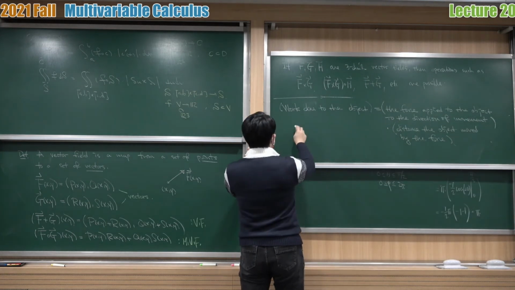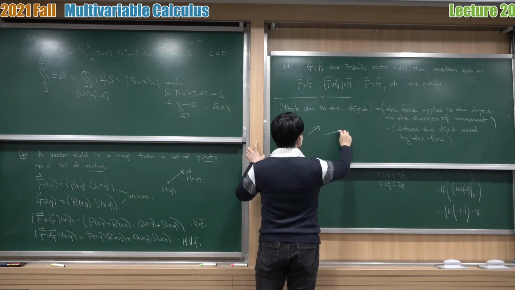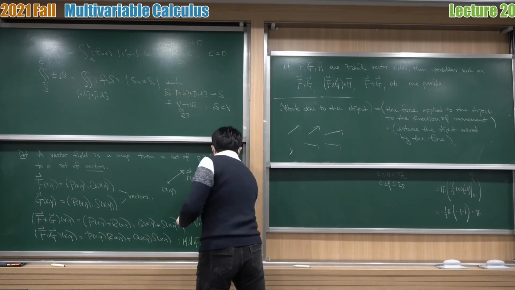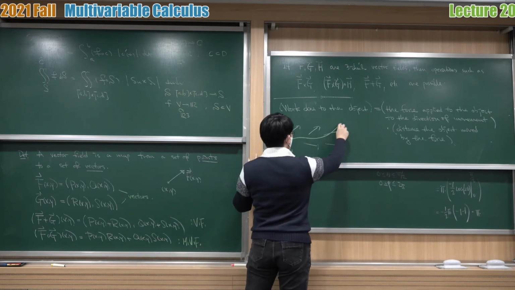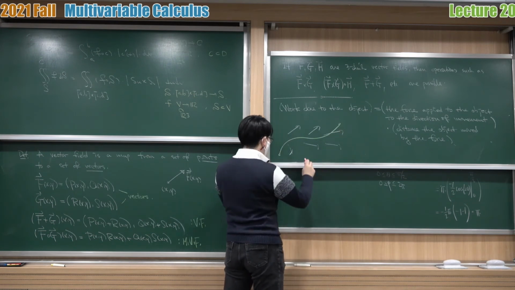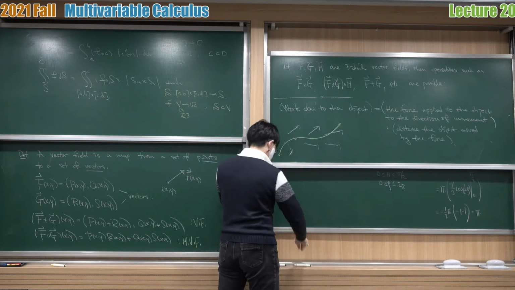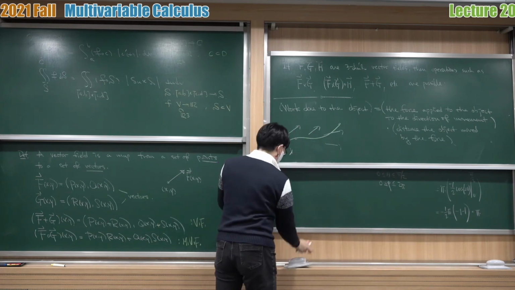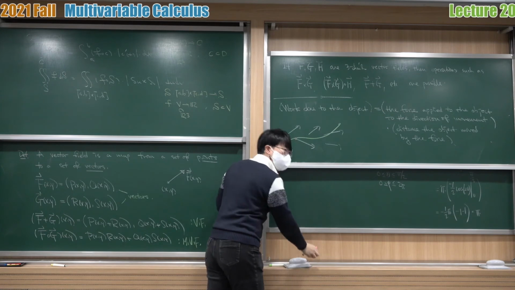Let's say I have a force field, like this one, and I have moved my point from here to here. And let's say at some point, force field has been applied to this direction.